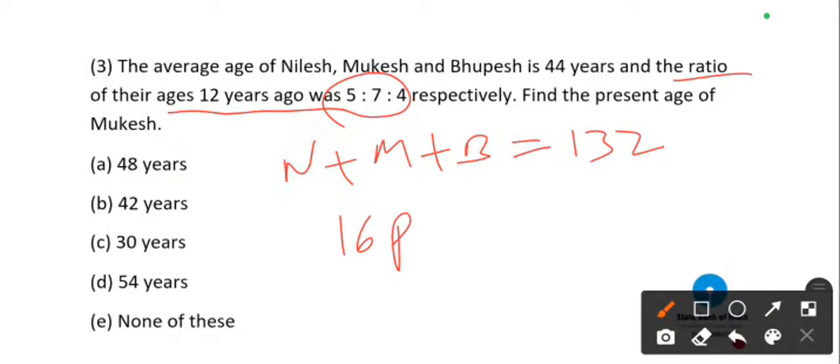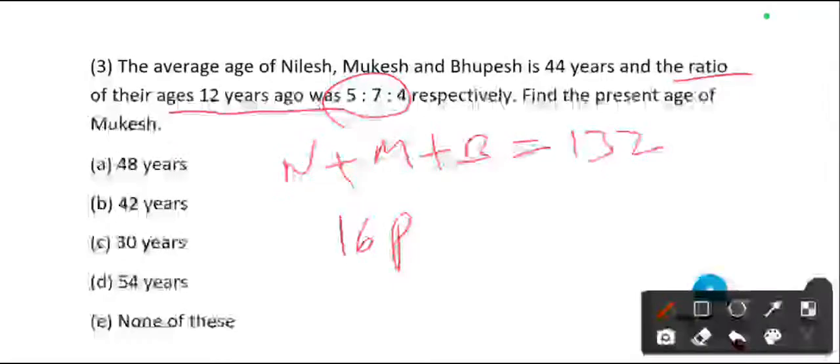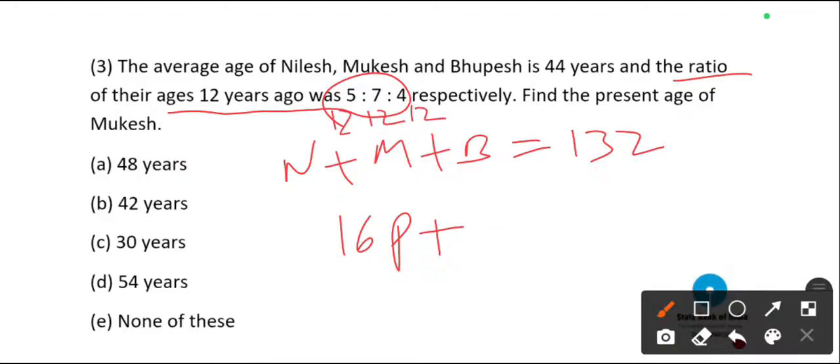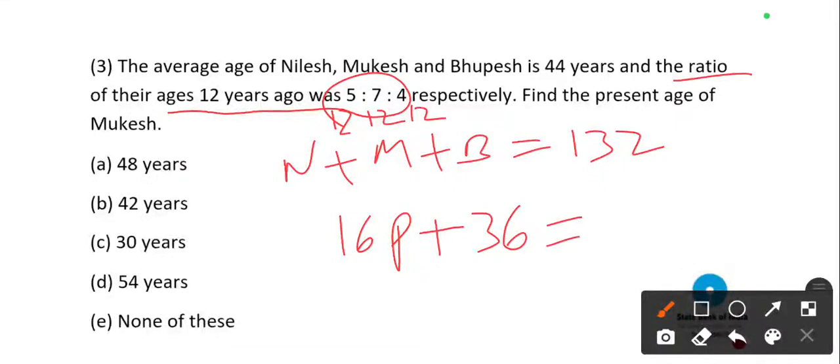16 parts 12 years before means now adding 12 for each one, total plus 36, we reach the present age. Sum of all the present ages is 132. So 16 parts value will be 96.